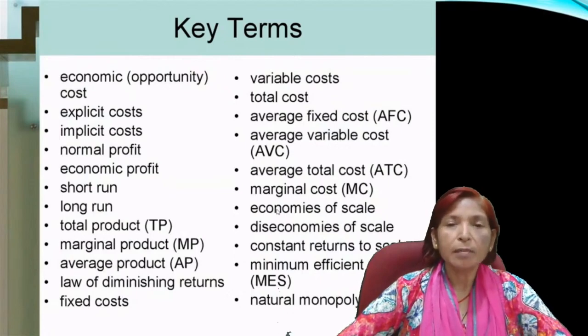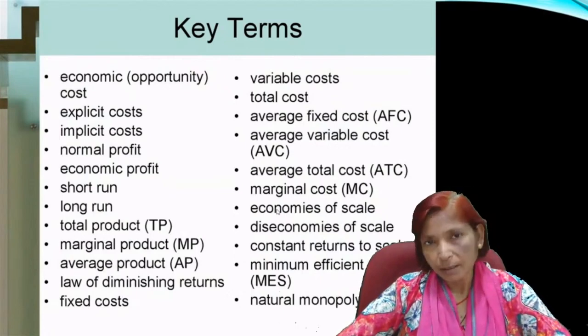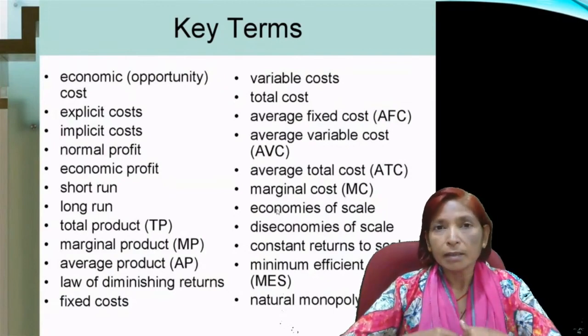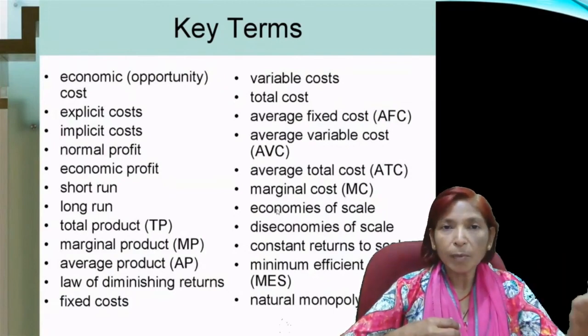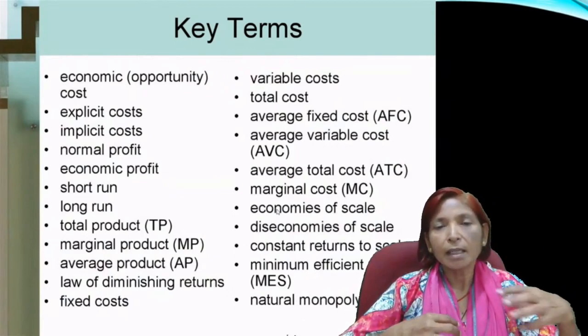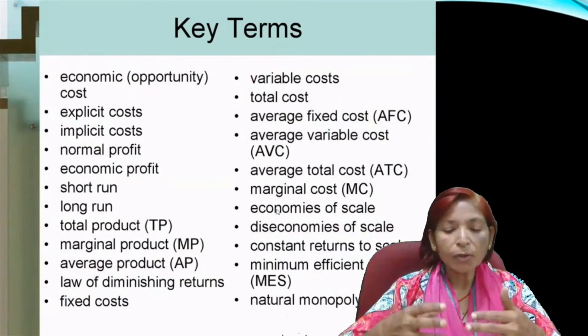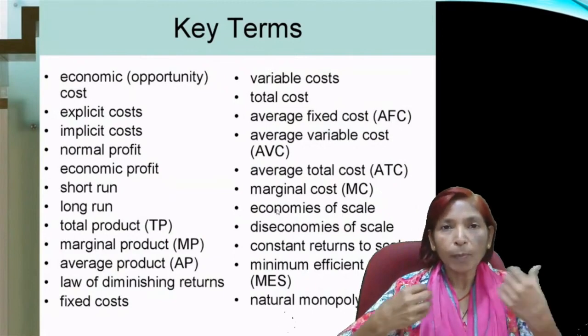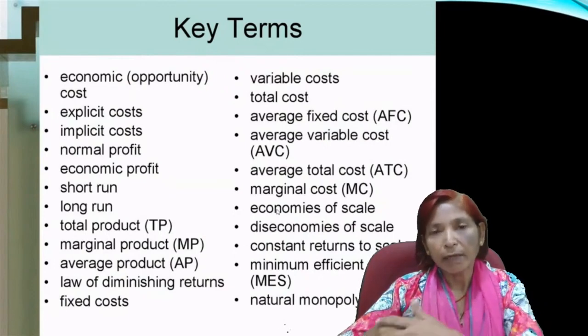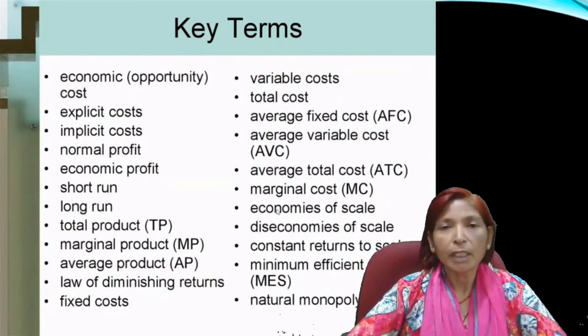If we want to gain something, we have to lose something. So the cost incurred while producing one commodity more is that we have to sacrifice the production of other commodities. If we want to gain more benefit, then we must sacrifice other benefits. That is called opportunity cost.